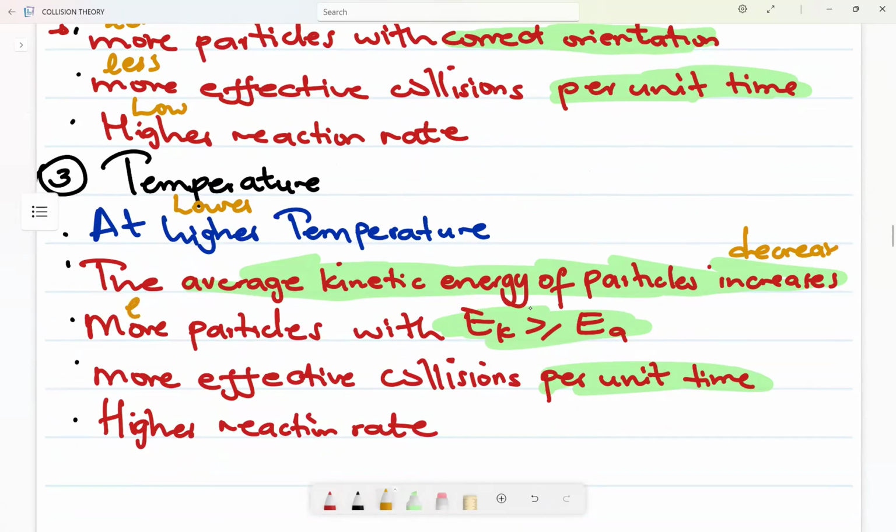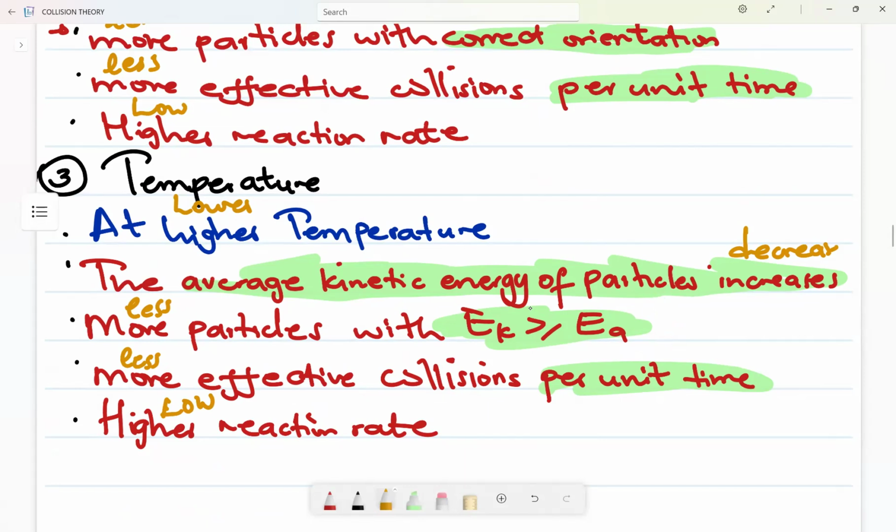Therefore, fewer particles, therefore fewer effective collisions. We are not saying there will be no effective collisions. There will be, but fewer particles have the capability to have an effective collision. Therefore, low reaction rate. Just like that.